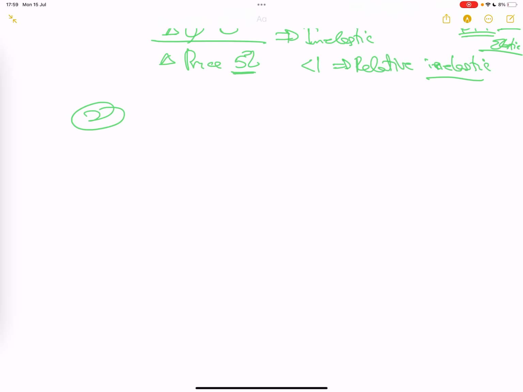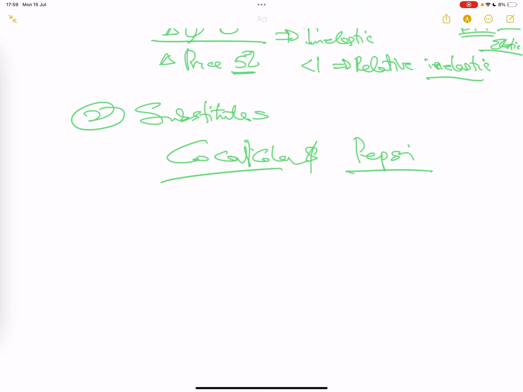Another factor is substitutes. Very important. If a good has a number of close substitutes, the good will usually exhibit a very elastic nature. And how would that happen? Take Coca-Cola, which I always like to use, and Pepsi, because these are popular substitutes.